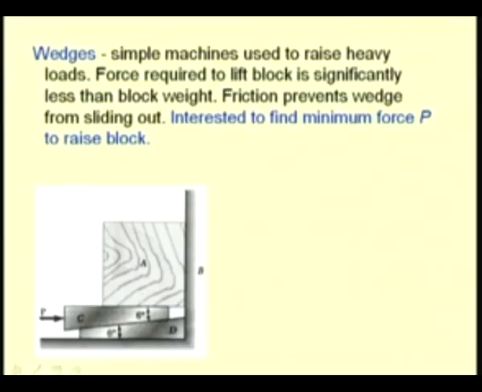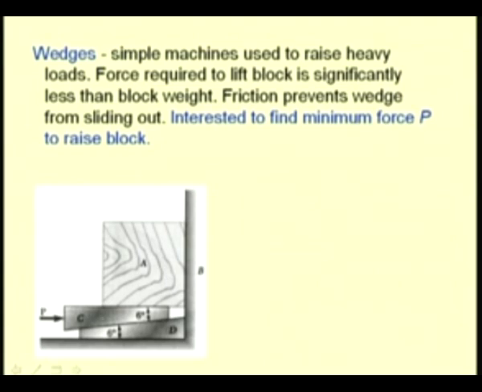That means, we need to know the impending motion direction in order to draw these frictional forces in the free body diagram. So, let us now consider this wedge C, which is being pushed by the human by this force P in order to raise this load or to keep this load in this position.